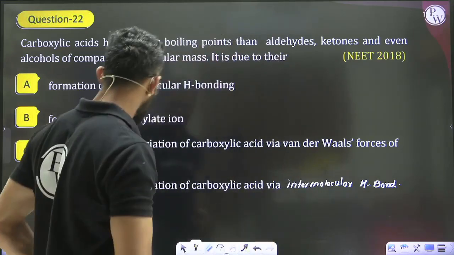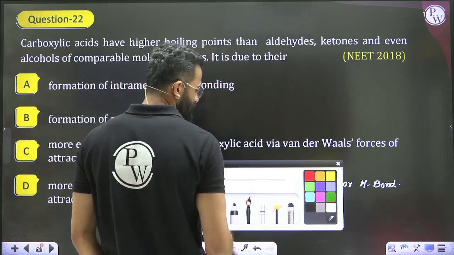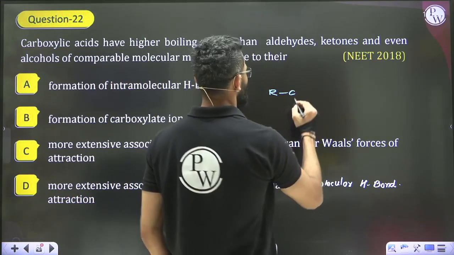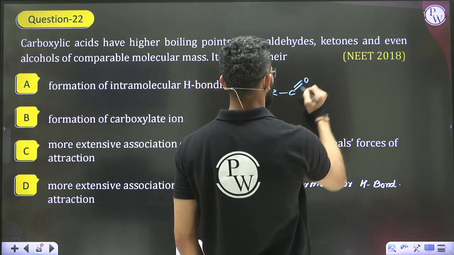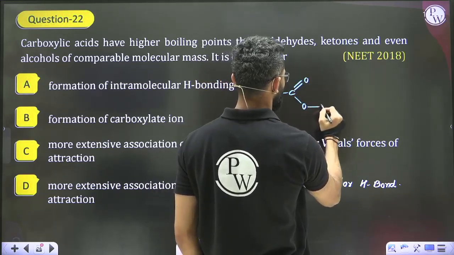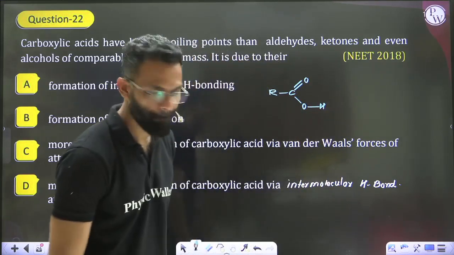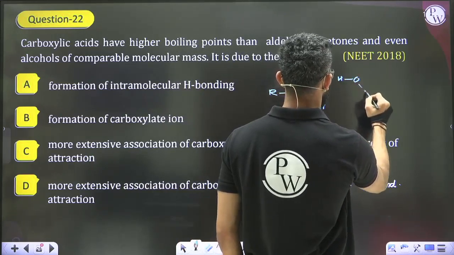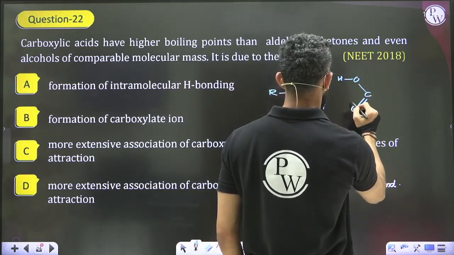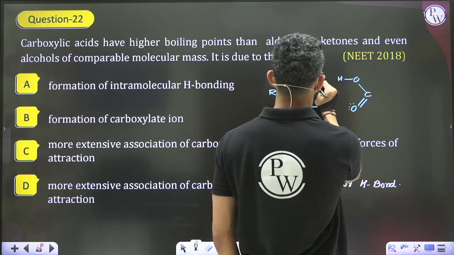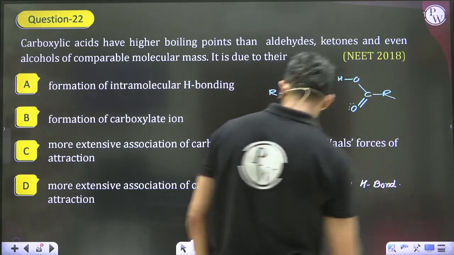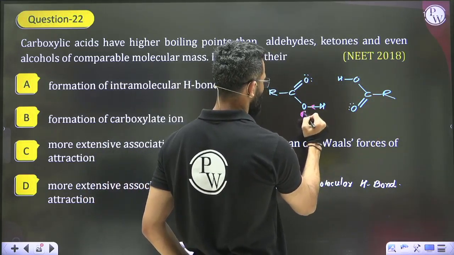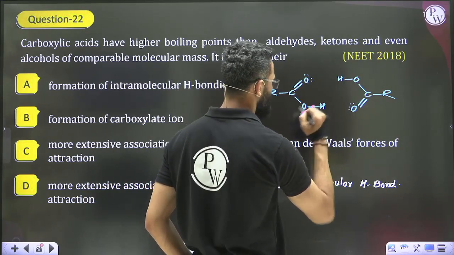So if I talk about carboxylic acids, we know that in the gaseous state carboxylic acid exists as a dimer, which we represent like this. This is the first molecule of carboxylic acid and I'm representing the second molecule of carboxylic acid here. So see here, the first molecule of carboxylic acid has an oxygen hydrogen bond where due to differences in electronegativity, hydrogen will carry delta plus charge.